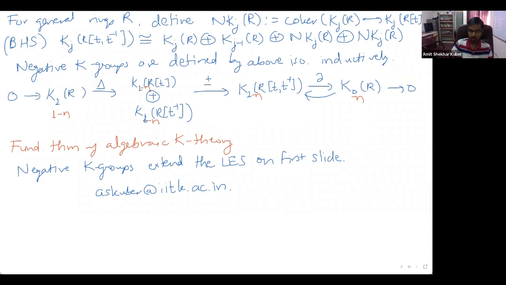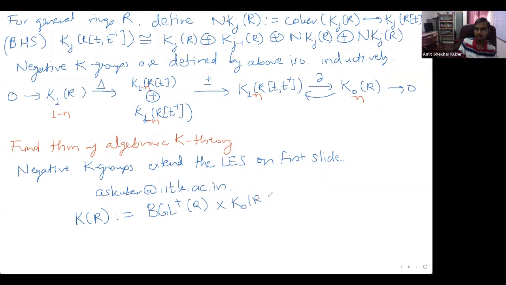So his formula is like this. He defines some space. The K theory space is defined to be BGL plus of R, and to get K0, you take K0 R many copies of this, so many connected components.